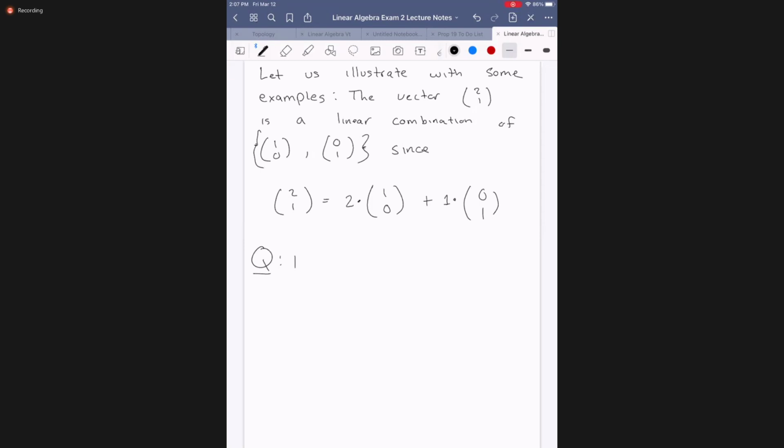So is every vector a linear combination of other vectors, or of a given set of vectors u1 and so on?